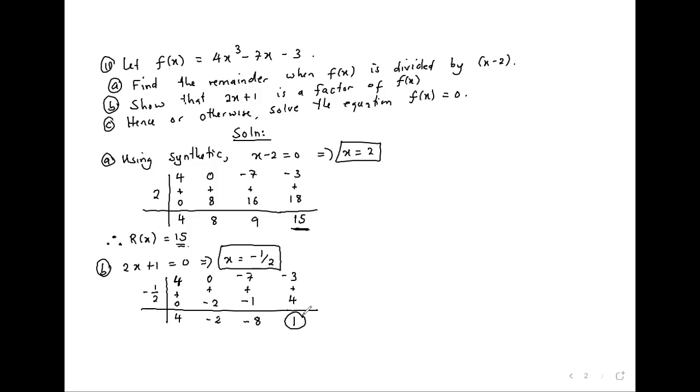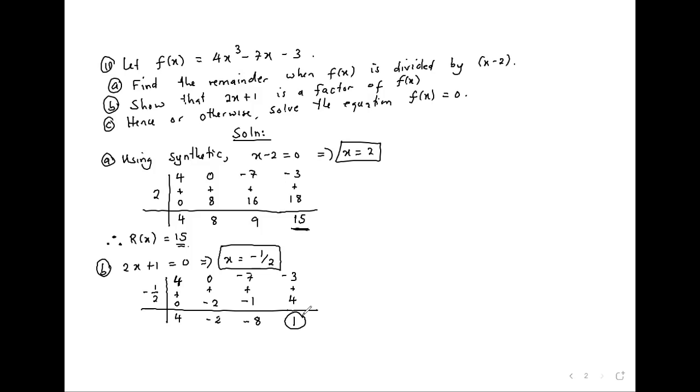So we go back and check. First, I need to confirm: was the question right? Was the question asking us to show? It was 4x cubed minus 7x minus 3, correct?